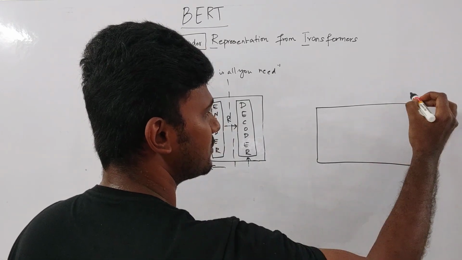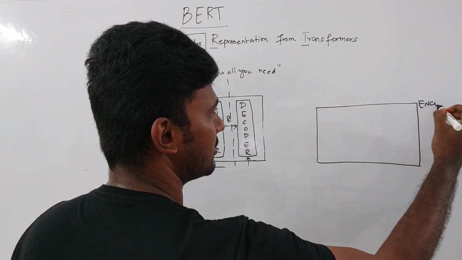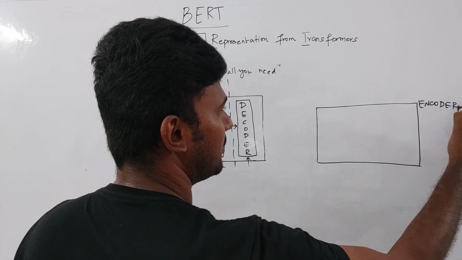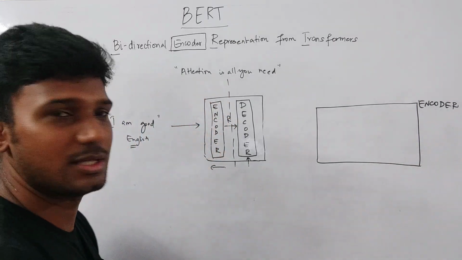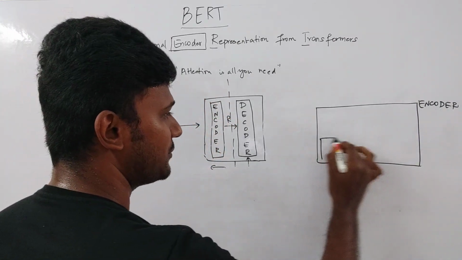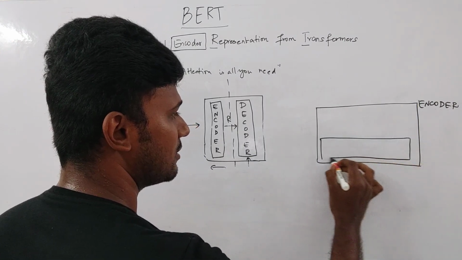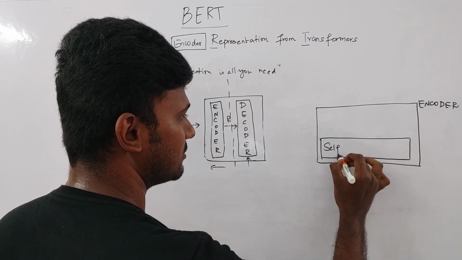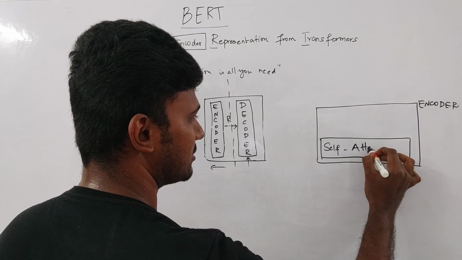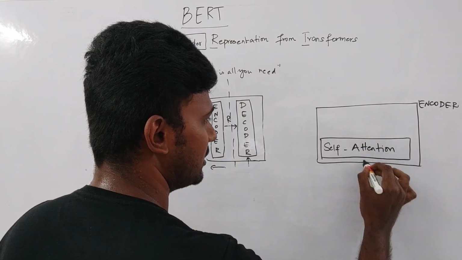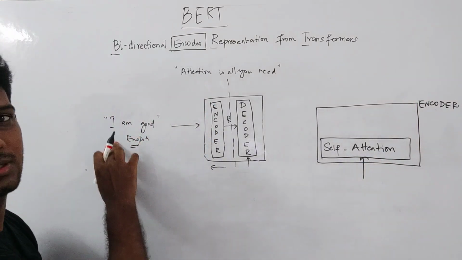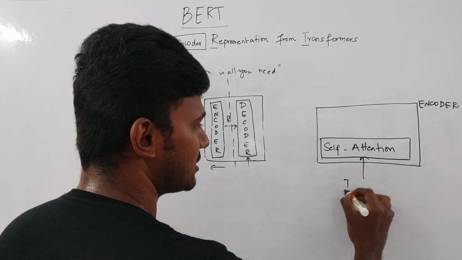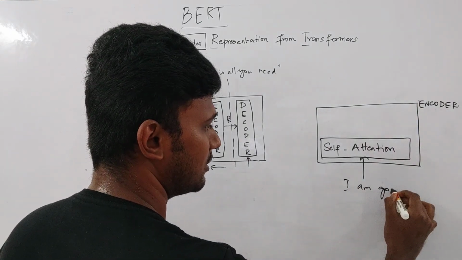Let's assume this is one single encoder, and the major parts of the encoder are two things. The first thing is a self-attention mechanism. So here we have the input sentence. The input sentence is I am good.